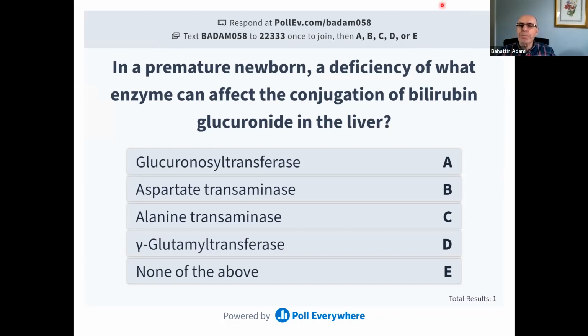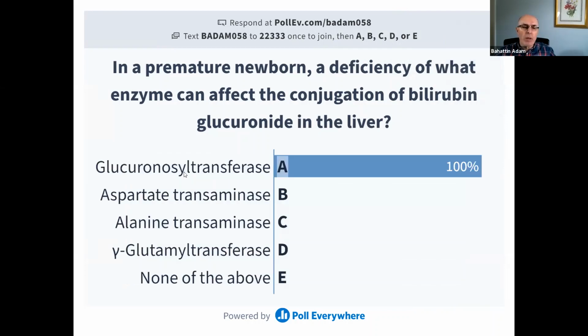Glucuronyl transferase is the enzyme which conjugates bilirubin by adding glucuronic acid. This undissolved molecule then becomes dissolved in the blood circulation. Good.